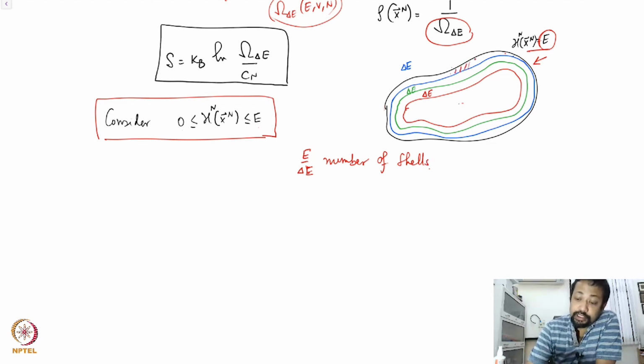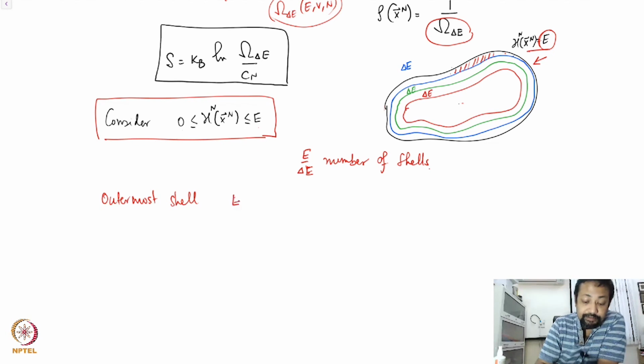The outermost shell, which is contained between E and E plus delta E, has the volume omega delta E, E V N. Why am I suddenly interested in this?